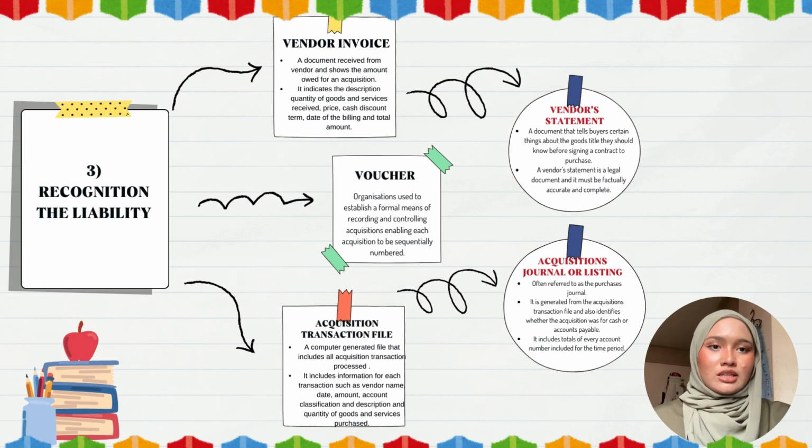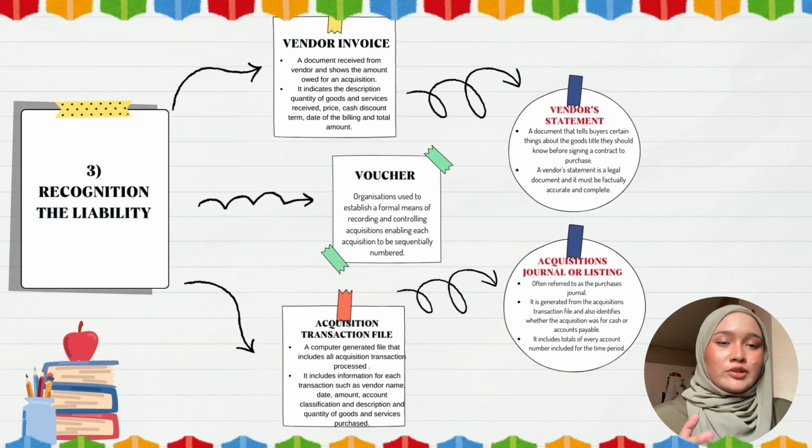Acquisition transaction file is a computer-generated file that includes all acquisition transactions processed. It includes information of each transaction, including vendor names, date, amount, account classification and description, and also quantity of the goods and services purchased.